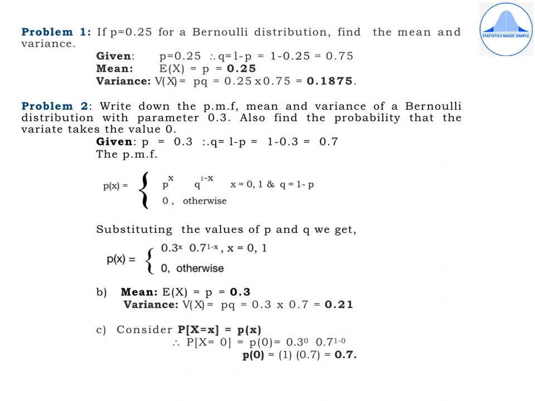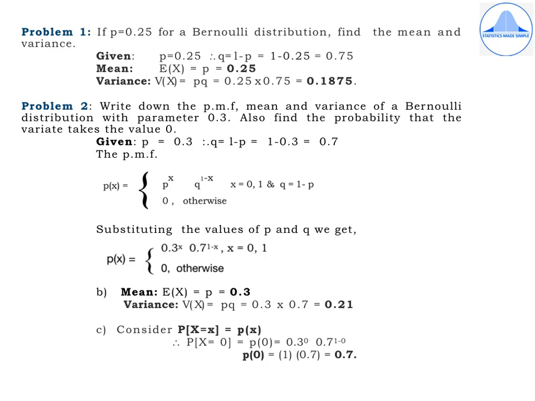Whenever we work out problems on theoretical distributions, the first step in the solution will be to list down whatever values are known to you in the problem. So we write P equal to 0.25, then calculate Q using the formula 1 minus P, which is 1 minus 0.25, which is equal to 0.75.